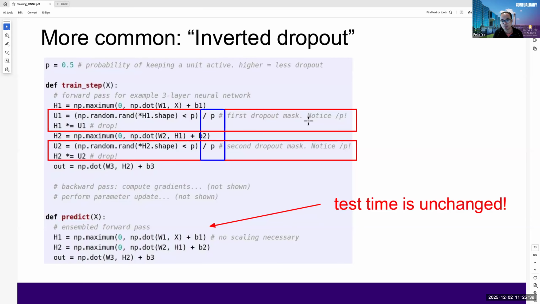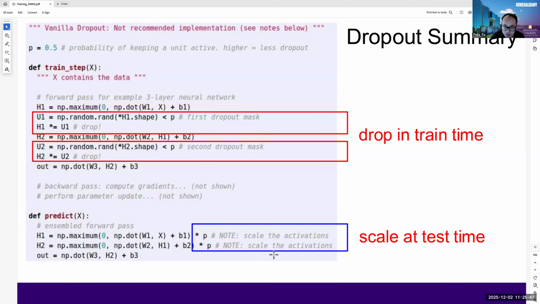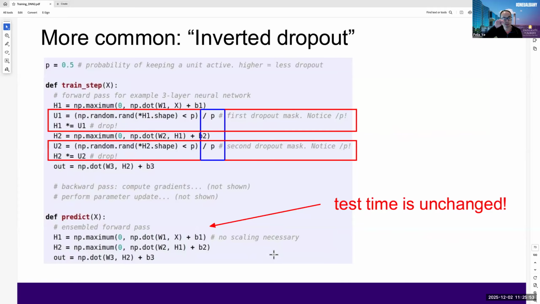A more common way that we do it, because some people don't like this scaling at test time, is that we can just scale during training as well. So when we do this dropout, we scale by dividing by p automatically, right? Such that at the end we don't need to do any kind of scaling in the predictions. So this is more commonly used. This whole thing will only have an effect in training.